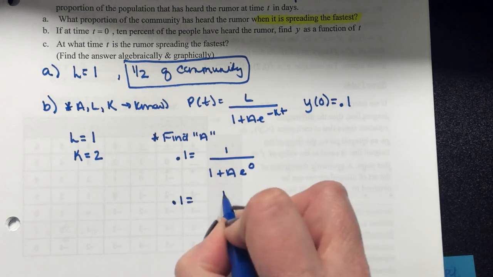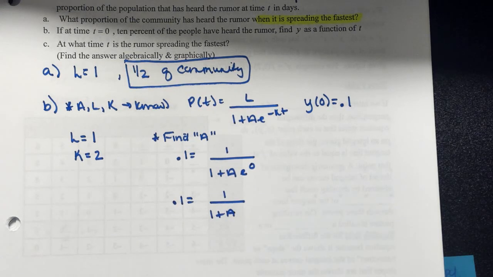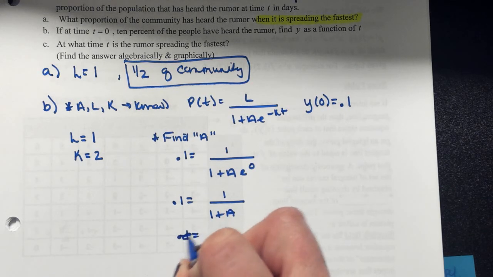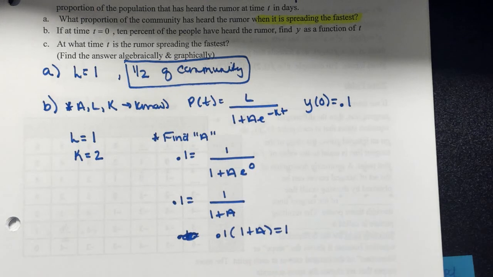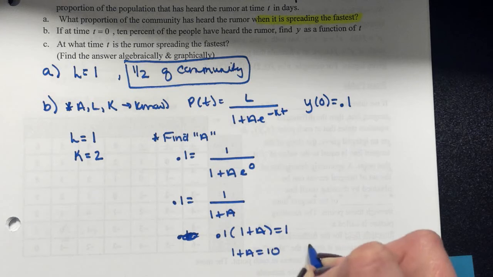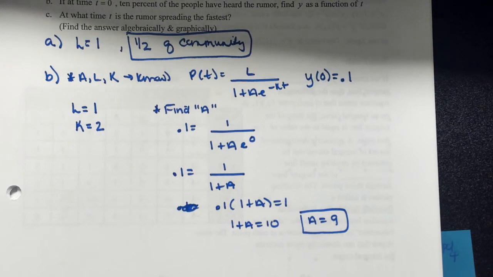So 0.1 is equal to 1 over 1 plus A. Tell me what A is going to be equal to. Did you come up with A is equal to 9? Okay.